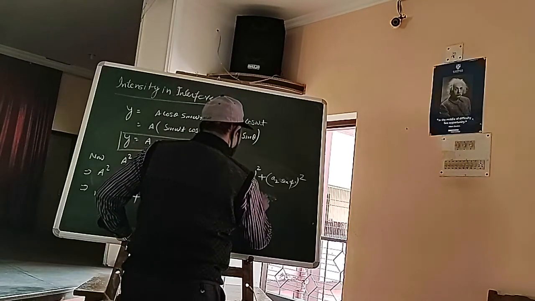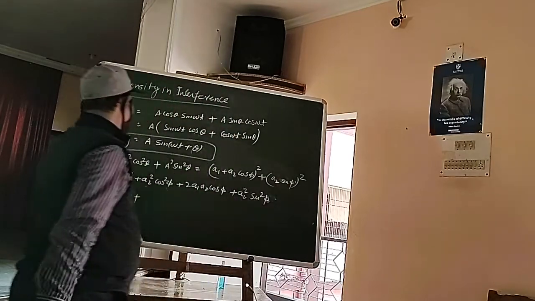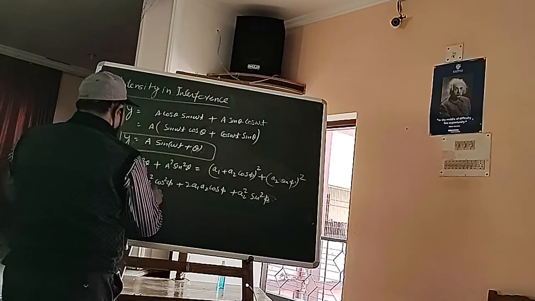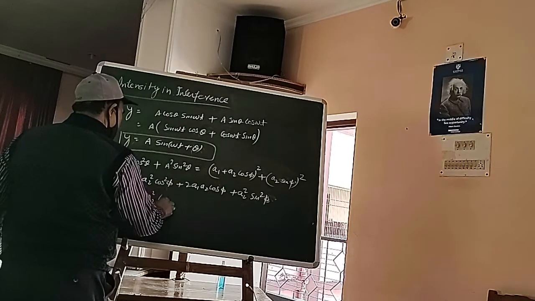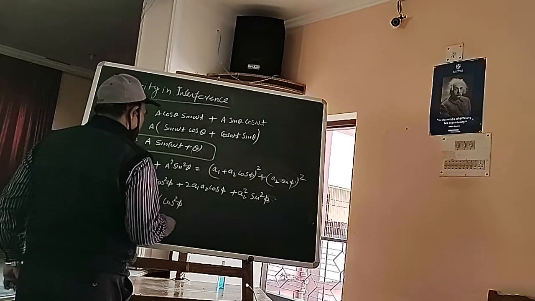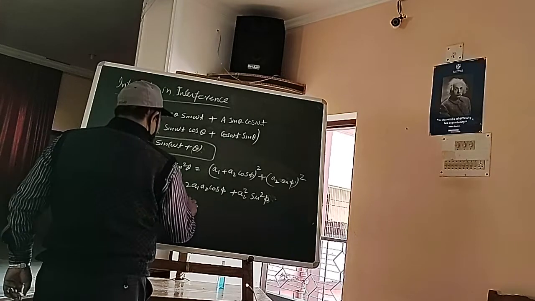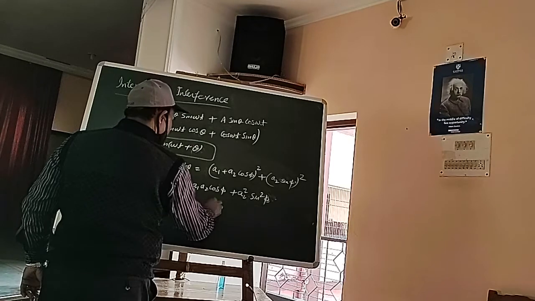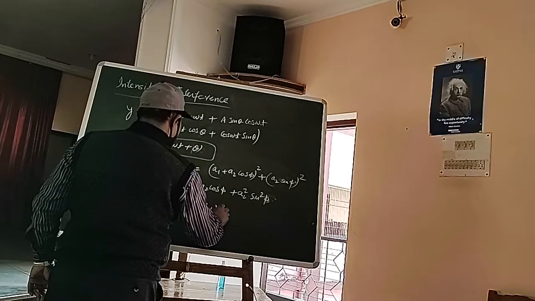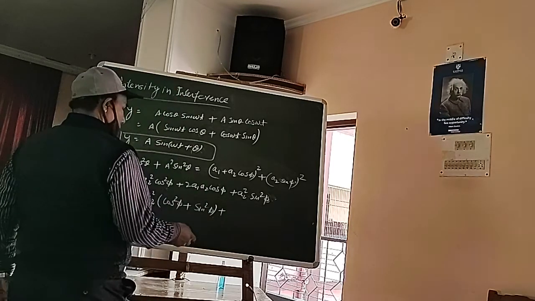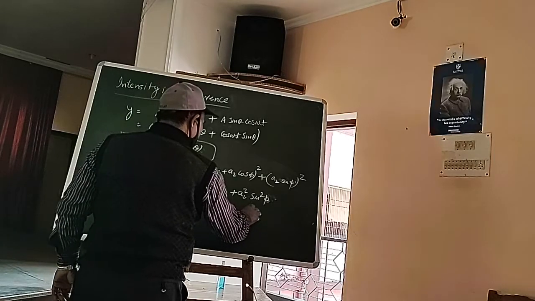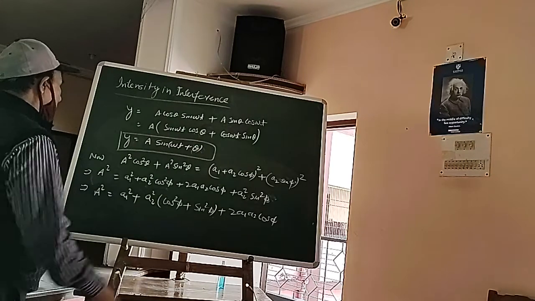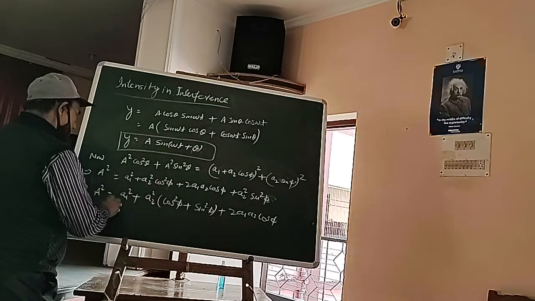Taking a2 square common, cos square phi plus sin square phi is 1.